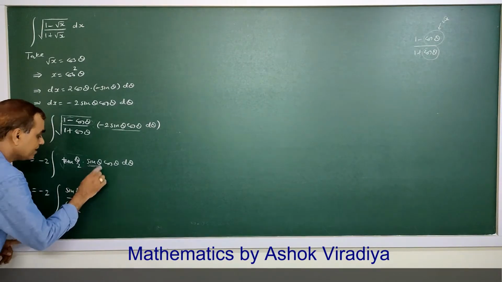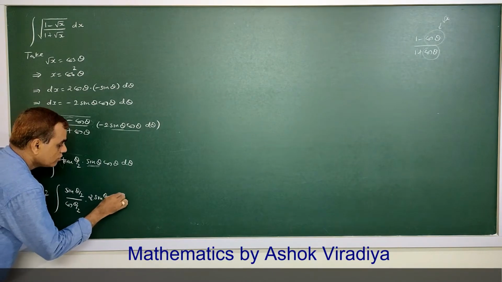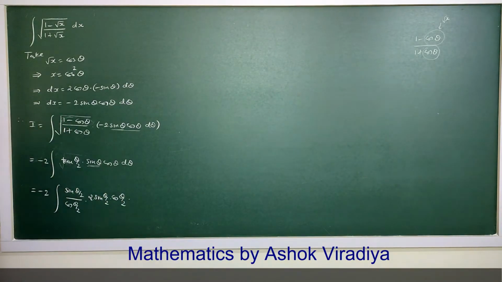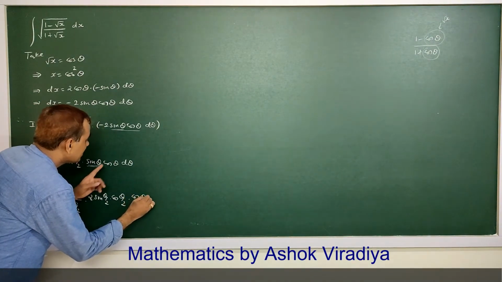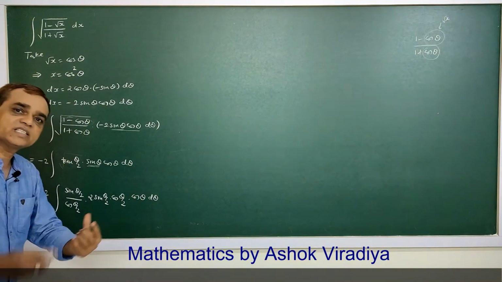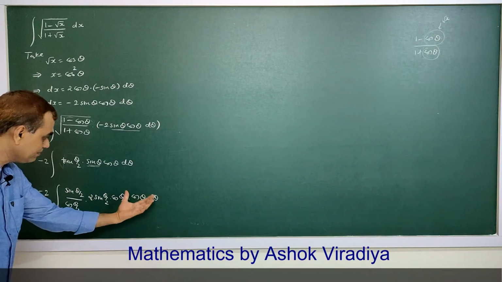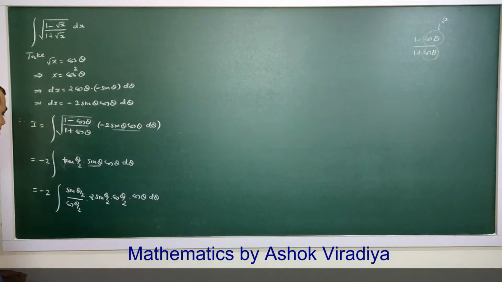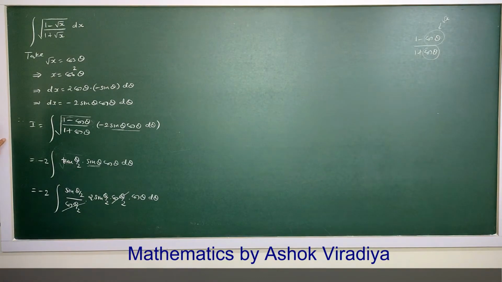If I keep sin theta as 2 sin theta by 2 into cos theta by 2, cos theta we keep as it is. If required, we shall convert this into theta by 2, but at the moment we keep this as it is. So cos theta by 2 is cancelled.